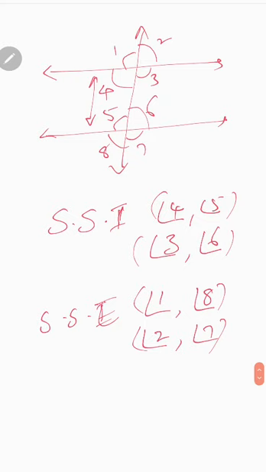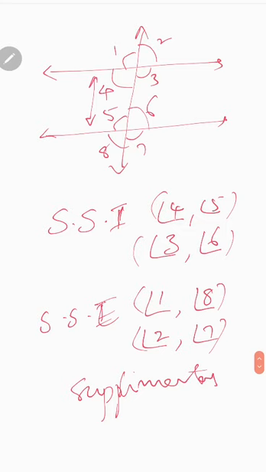Same side interior or exterior angles are always supplementary. Supplementary means the sum of two angles is always 180 degrees. Those angles are called supplementary. So same side interior or exterior angles are always supplementary.